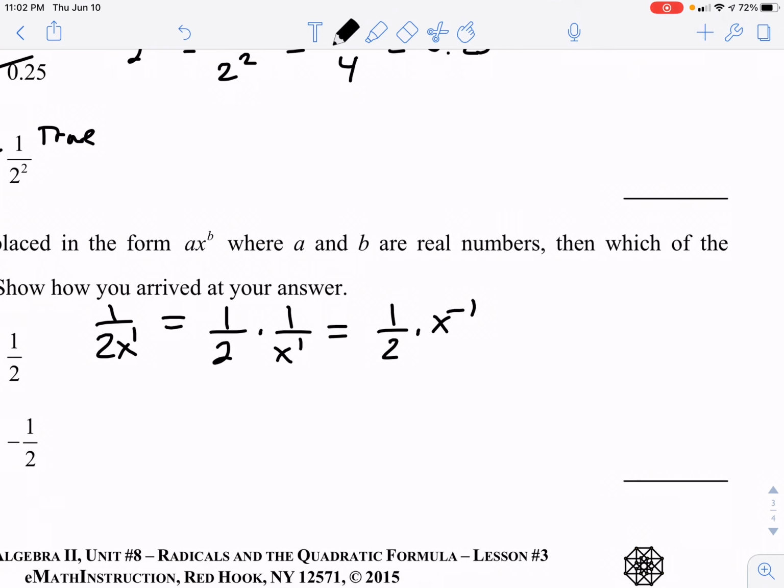Now, if we follow this, that would make this a, and that would make this b, in a times x to the b power. So a is clearly 1/2, and b is clearly negative 1.